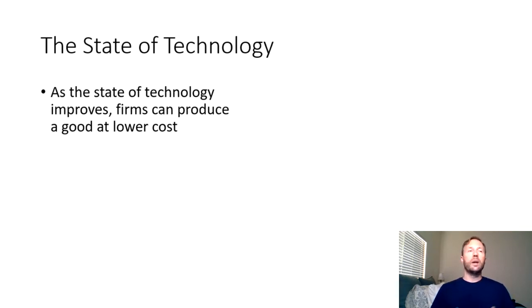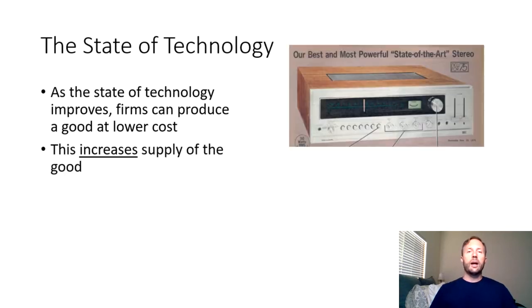As you move from using just wooden hand tools to horse-pulled plows to tractors to today's hundreds of thousands of dollars worth of equipment and combines and the like, it becomes possible to produce more and more of a product, more wheat, more corn, more grain at a lower price per unit.